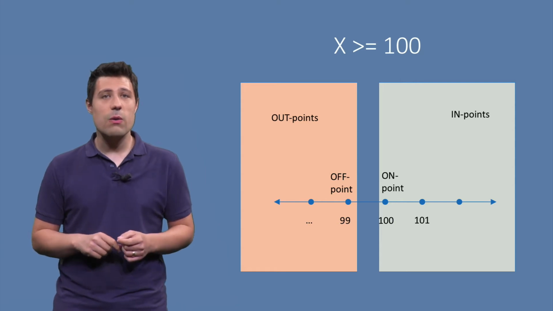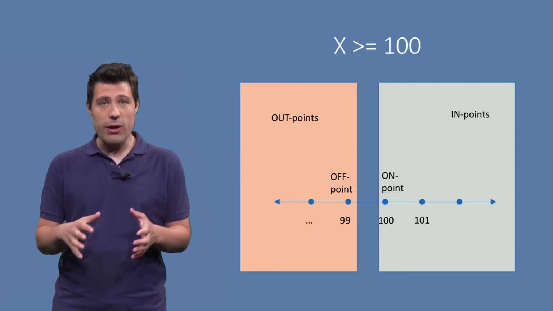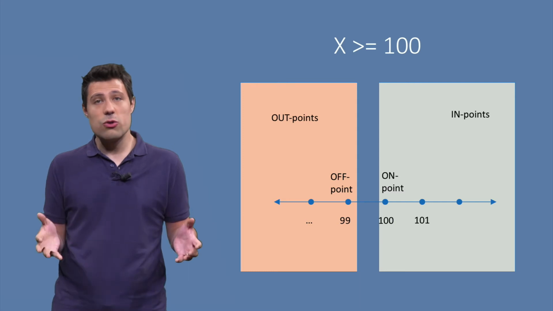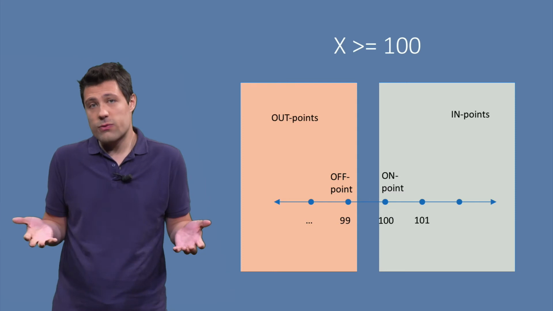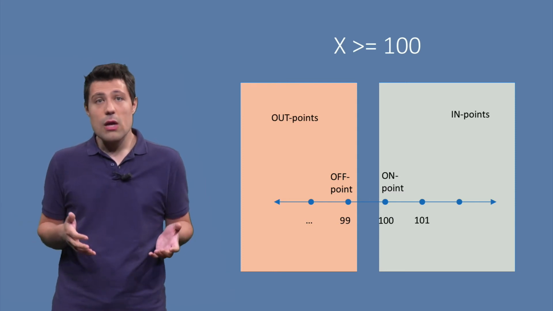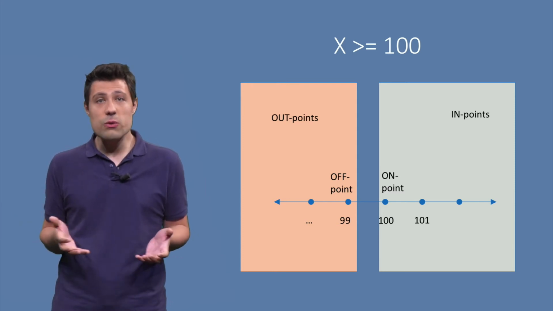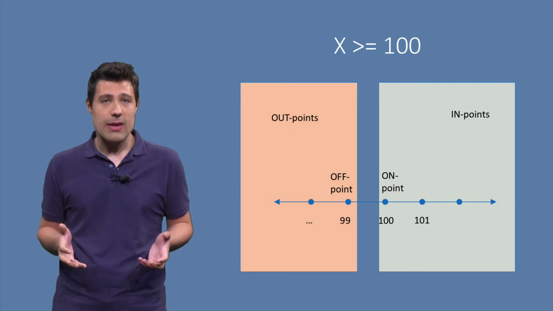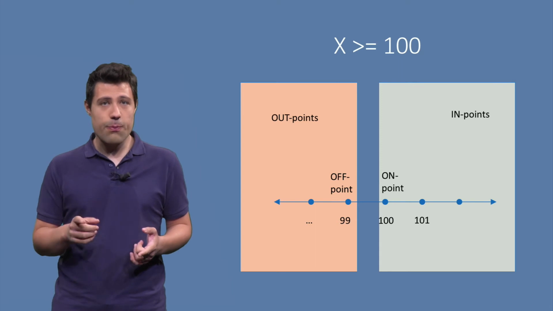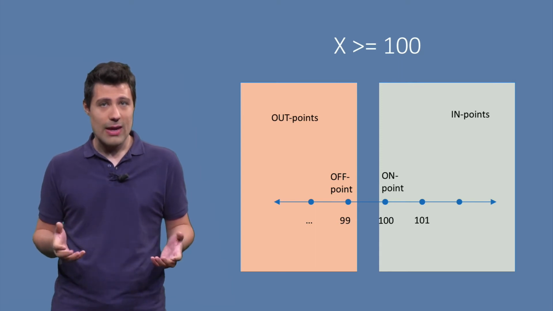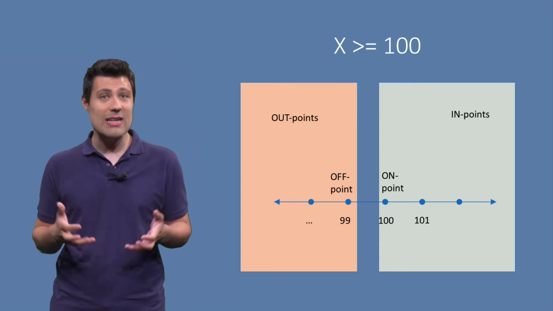Following this idea, we can think about in points, which make our condition always true, and out points, which make our condition always false. So these are the four terms that we usually use when doing boundary analysis. The interesting thing is that in this example, the off point is also an out point, and the on point is also an in point.